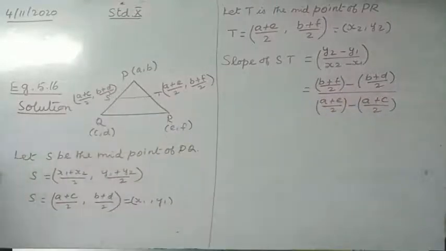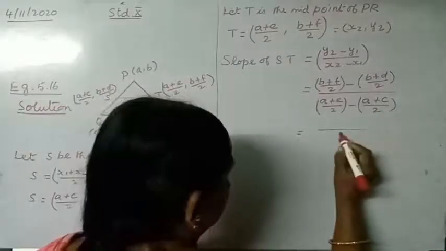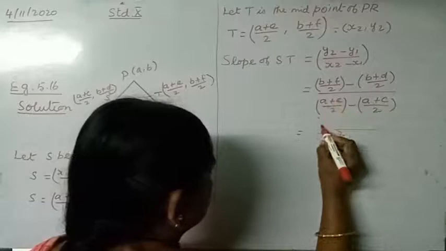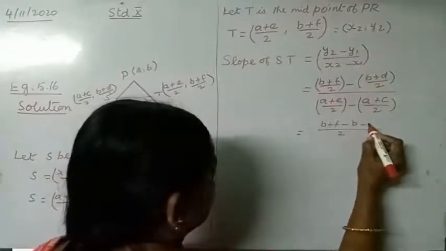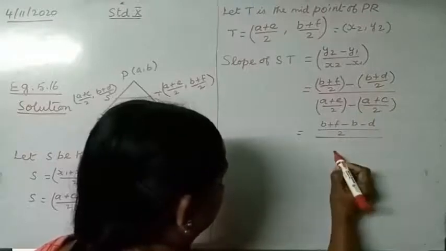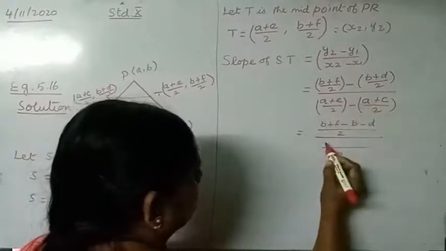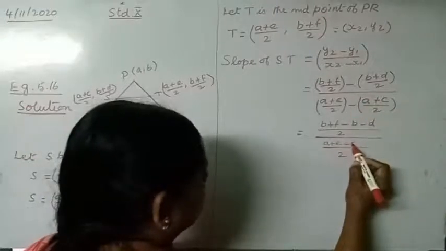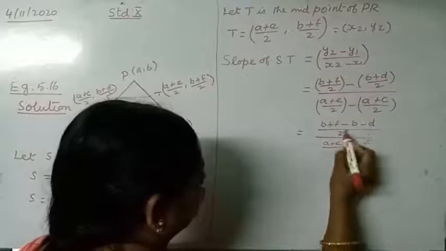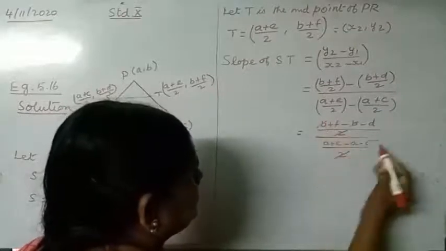Now take LCM and remove the bracket. So take LCM 2 for the numerator: b plus f minus, taking the minus inside, b minus d, divided by the same for the denominator: a plus e minus a minus c. Now 2 gets cancelled. Similarly plus b minus b cancels.